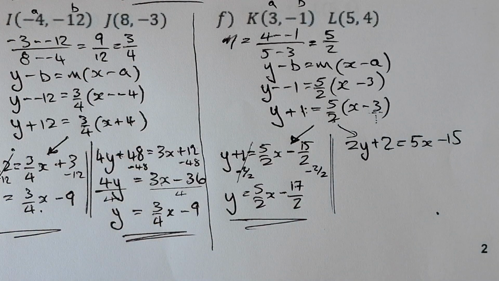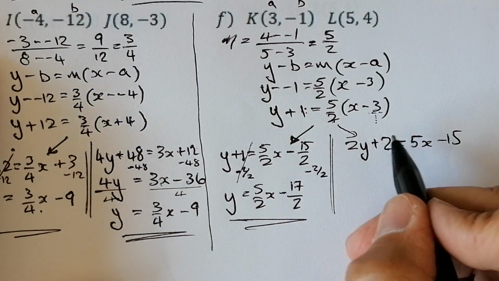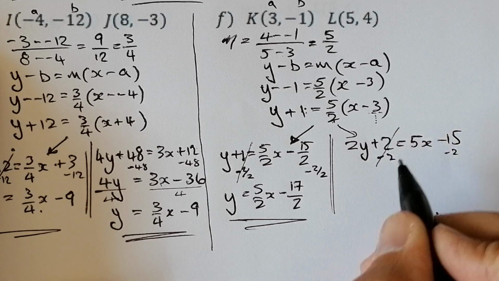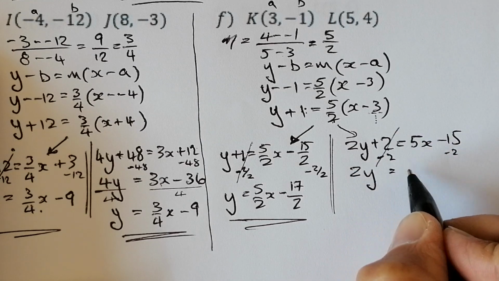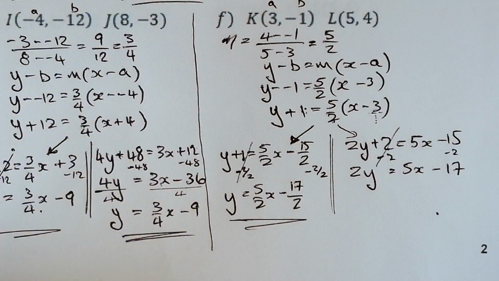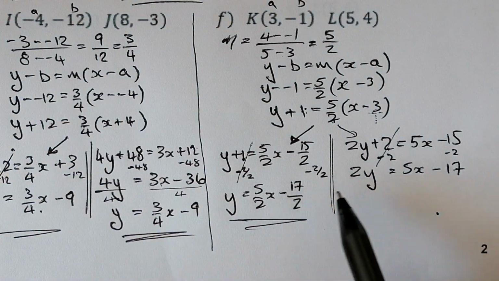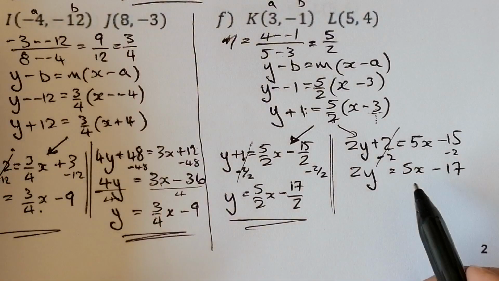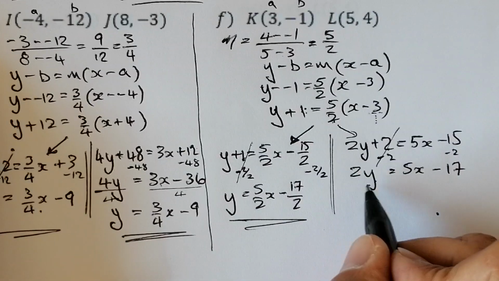So that's me flattened it right out, get rid of the fractions that are there. I'll then take 2 away from both sides. I'll get that eliminated, and that leaves me with 2y is equal to 5x minus 17. So it looks something like that there, not exactly the same. Again, that'd be good to use at higher maths, and what we're going to do is just divide by 2 to get this to work out for us.